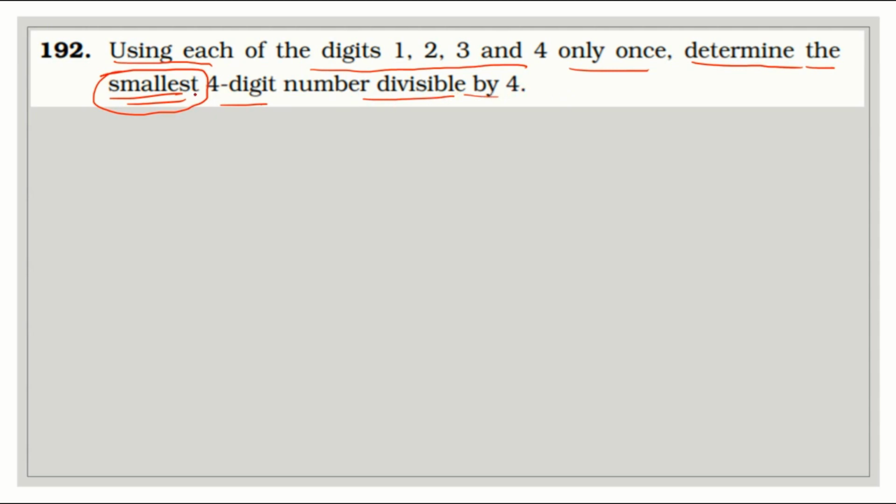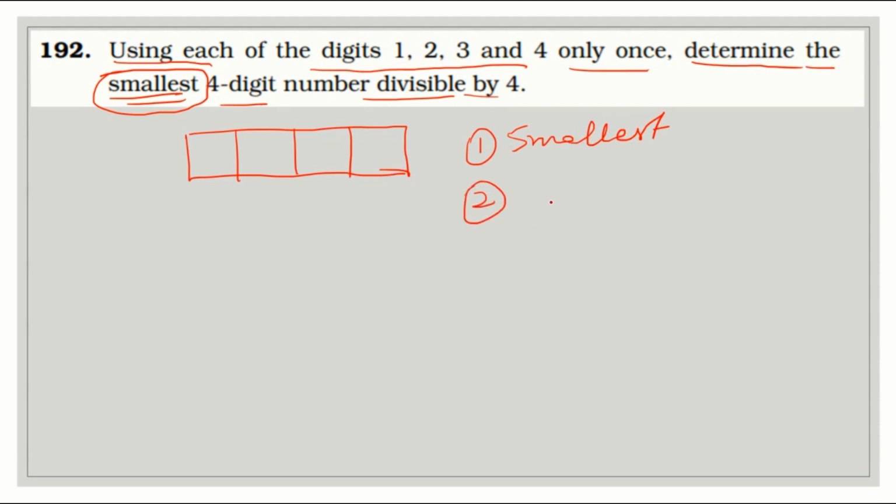See children, here there is a clarity. We are forming a 4-digit number and we have to form the smallest, condition 1. Condition 2, divisible by 4.